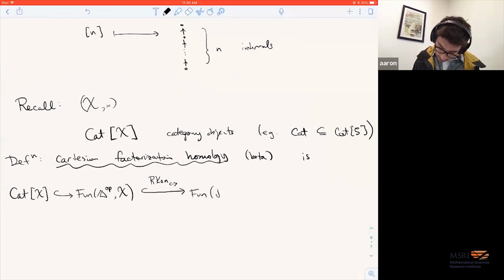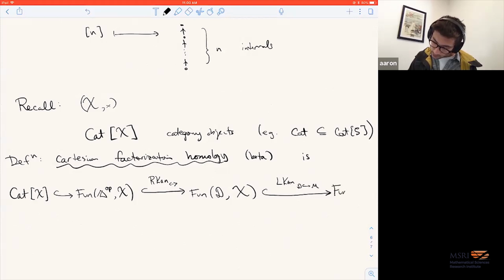So that gives us a functor from D into X. And then you can take left Kan extension, I'll describe what is going on here in a second, along the standard inclusion from D to M.